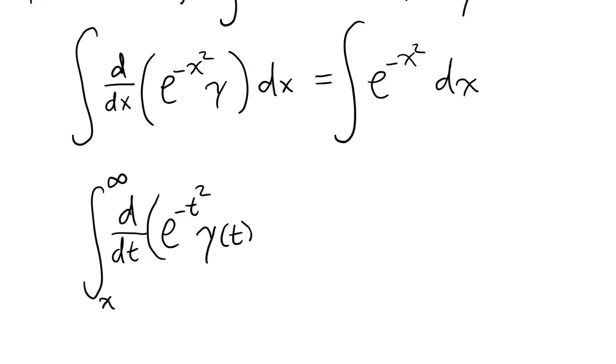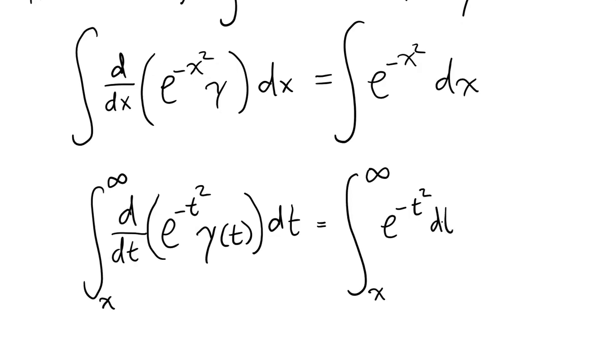Recall once again, y is a function of t, dt, and this is equal to the integral from x to infinity. Our bounds must be the same on both sides, e to the minus t squared dt.